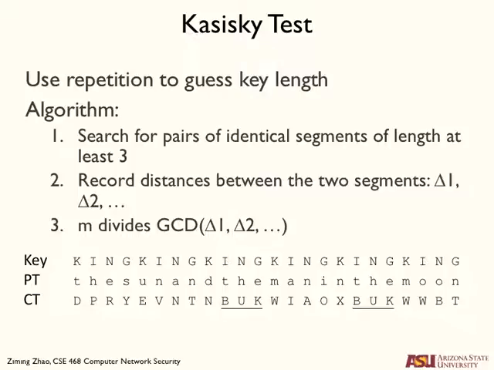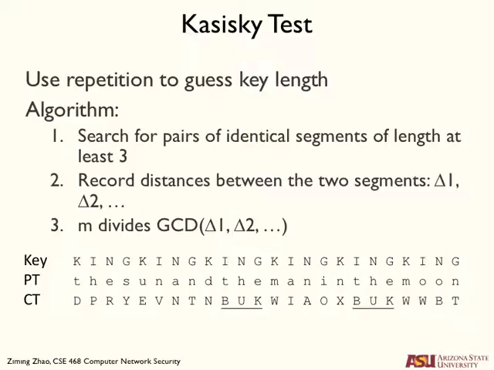Previously, we were just showing two repeated words. But if we have a very long ciphertext, we can find a lot of segments like this. Then we calculate the distances. The rule here is that the length of the key must divide the greatest common divisor of all those distances of repeated words.